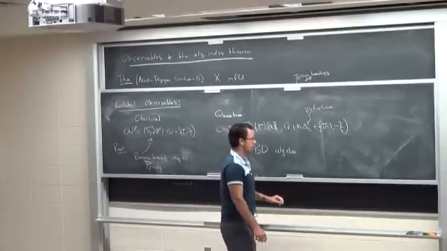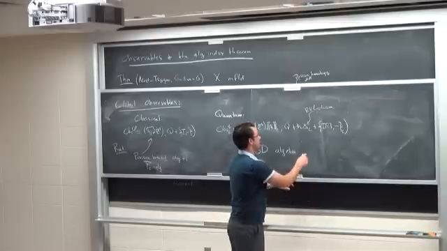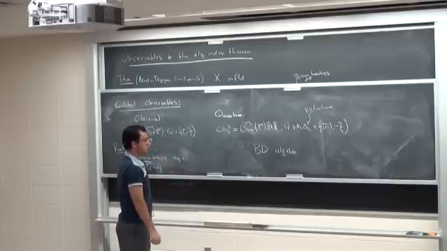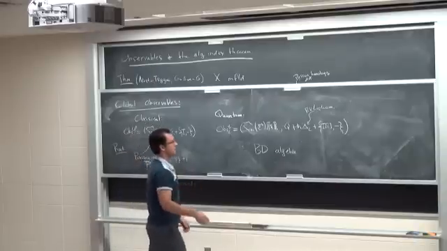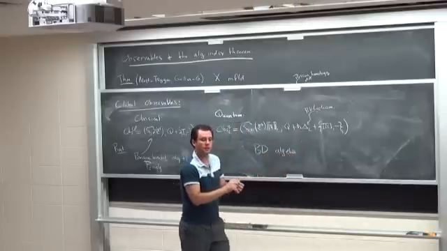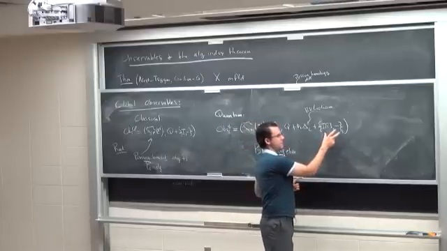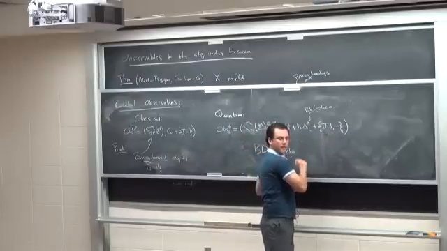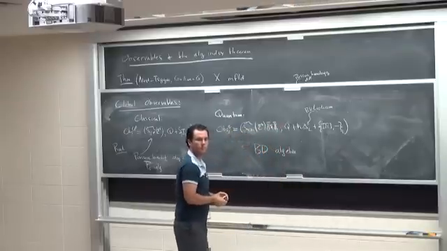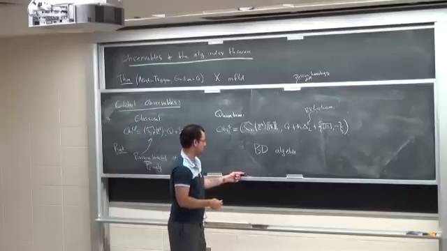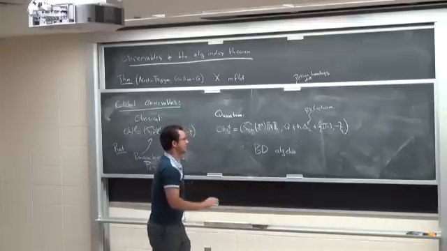So the failure of Q to be a derivation of this is exactly the bracket. Q and delta don't commute, you mean? Anti-commute or whatever. The total thing is square zero, right?